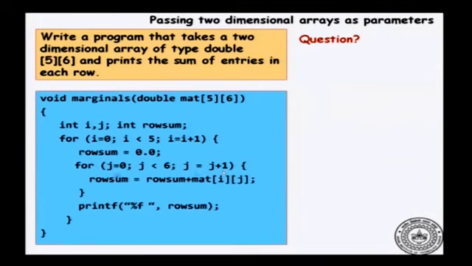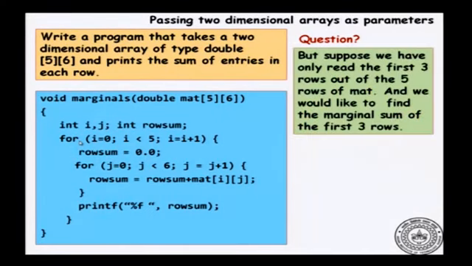So, I have to sum all the elements in the columns, j from 0 through 5, of matrix[i][j]. I will go through the elements and add them to the row sum. Once I am done with the last column of row i, I have the row sum for row i, and I will print that. So, this printf is happening in the loop for row i.